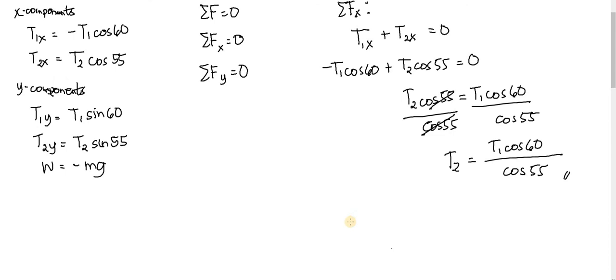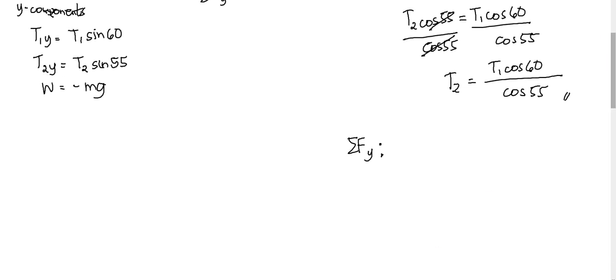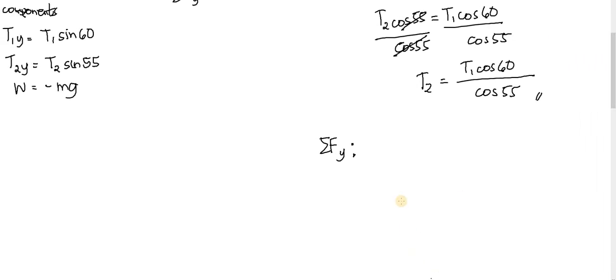Let's now have the summation of forces along the y. That will be equal to 0 if we add all the y components. So that's T1 sub y plus T2 sub y plus the weight equal to 0.